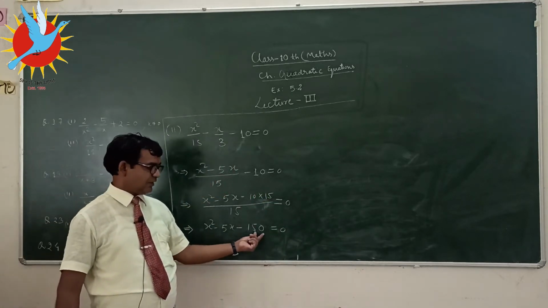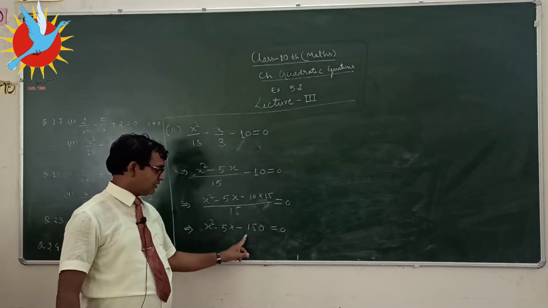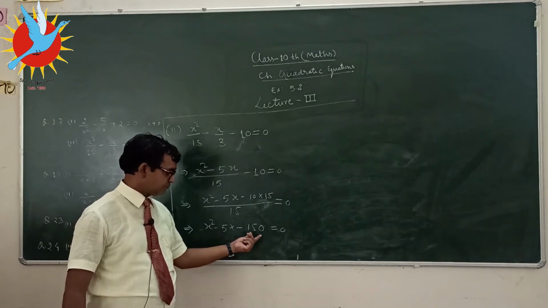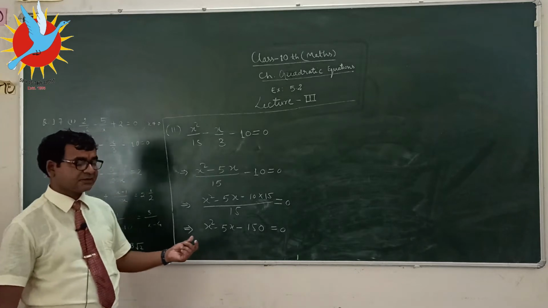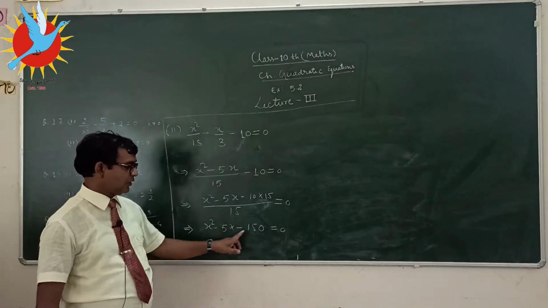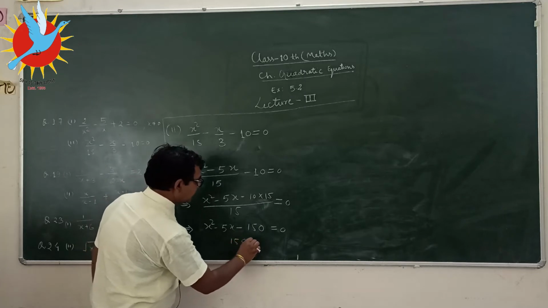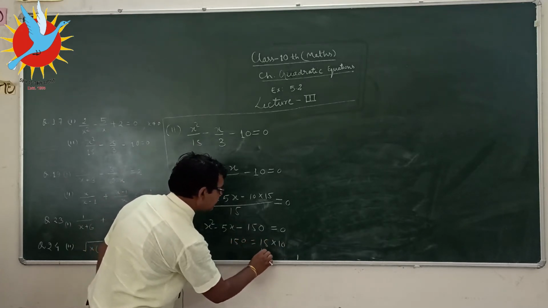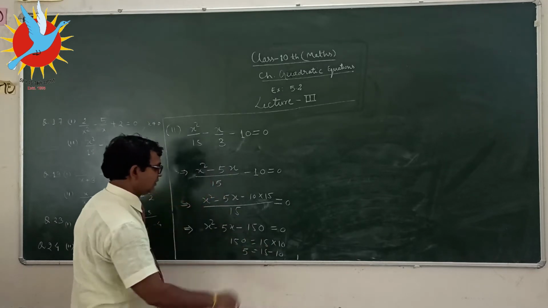Now here is 150 with minus sign, the constant is with minus sign. We have to form two factors of this such that the difference of both the factors should be equal to 5. This 150 can be written as 15 into 10, and the difference of 15 and 10 will be equal to 5.